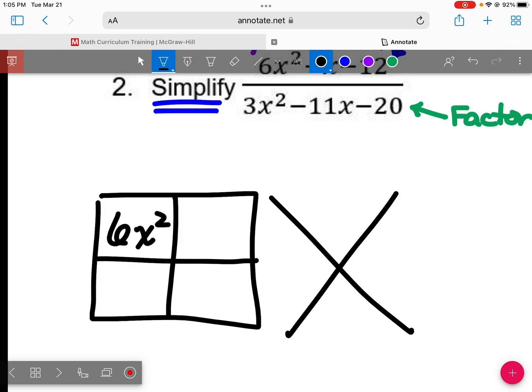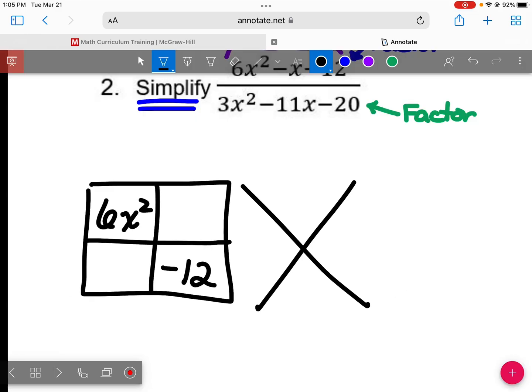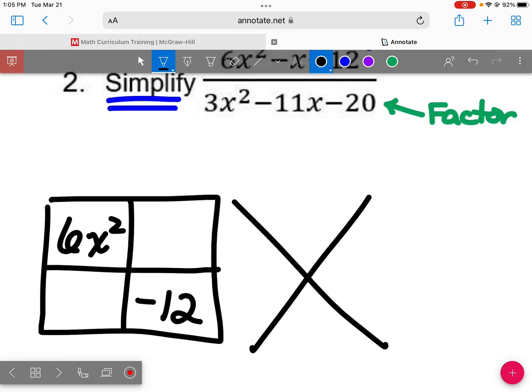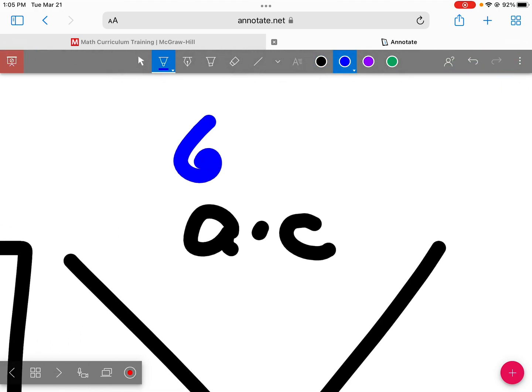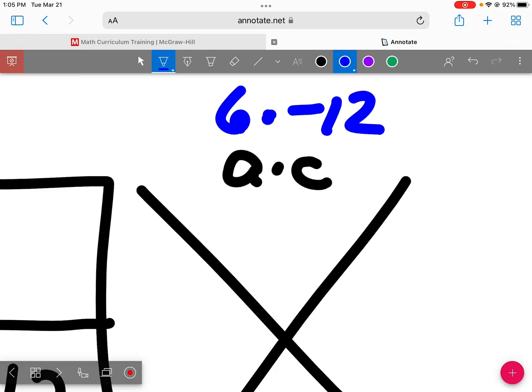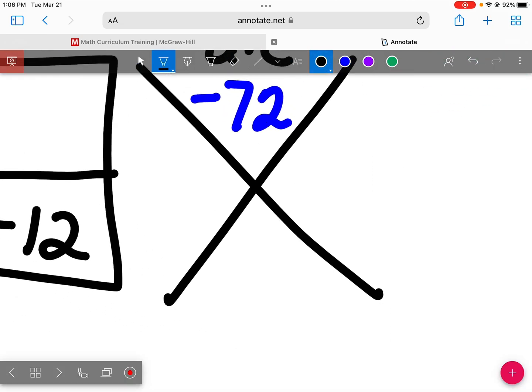6x squared goes up here. And negative 12 goes down here. What goes up on the top of the x? Negative 72. A times c. I multiply those together. 6 times negative 12, negative 72. That's pretty big. What do I have down on the bottom?